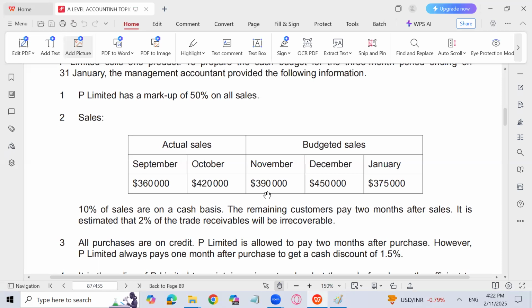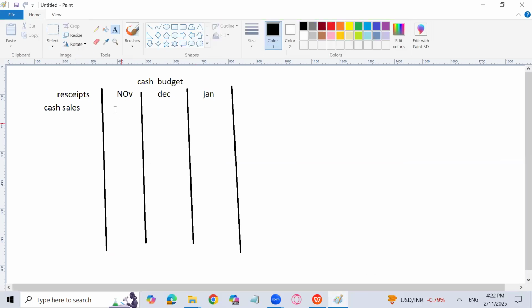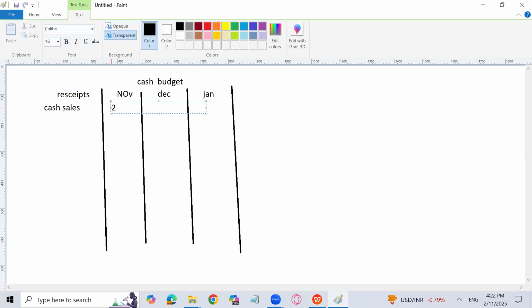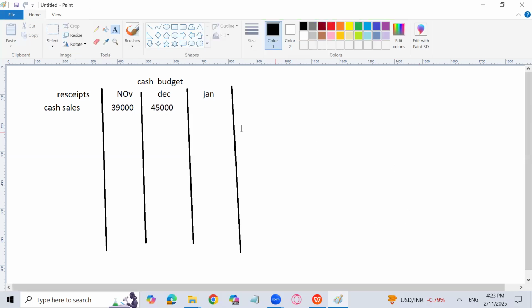We are receiving that in November, 39,000, then 45,000 and 37,500. So I will write here 39,000, then 45,000, and 37,500.